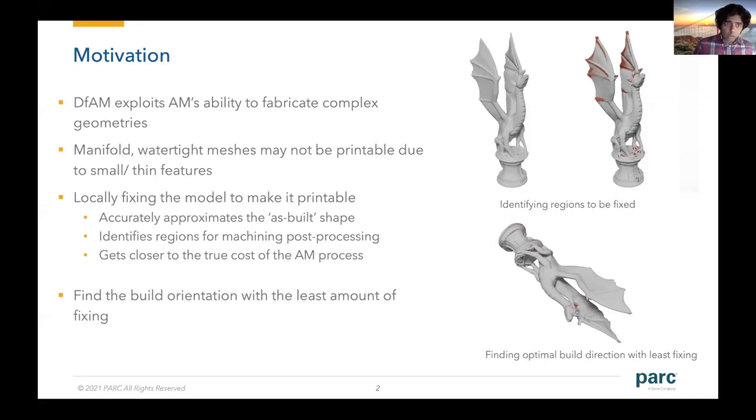Some of the processing work is in terms of the representation of the geometry itself, because of issues such as manifoldness or non-manifoldness and water tightness or the lack thereof for meshes that need to be processed in order to make them printable.